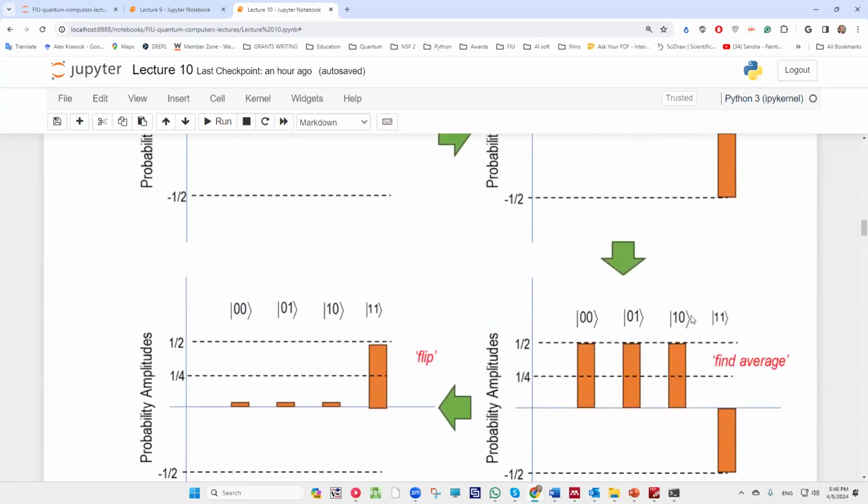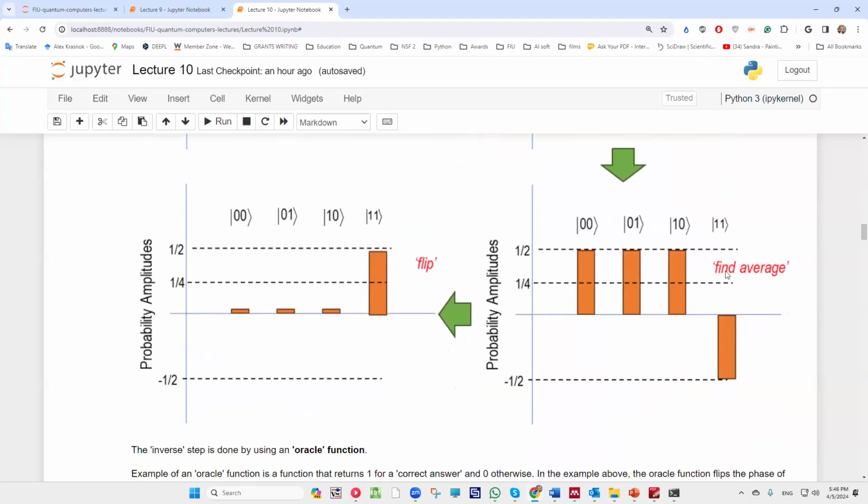What is next? The next step is to find the average of all these states. In this particular case, the average is 1/4, and it's located here in the middle. The last step is to reflect all the states across this 1/4 line.